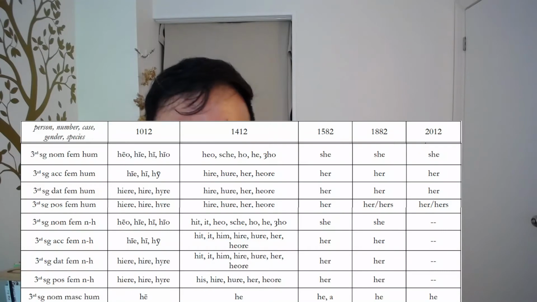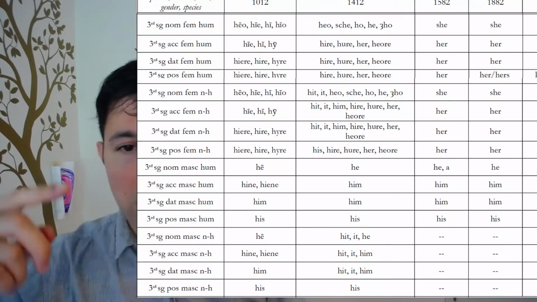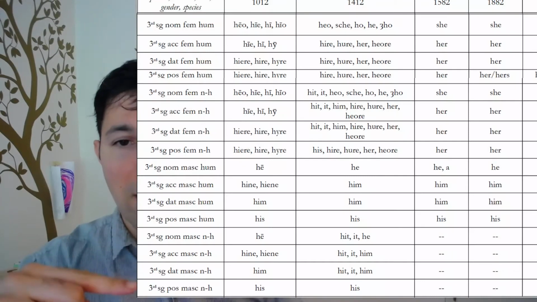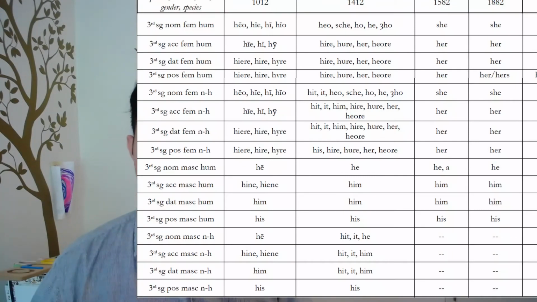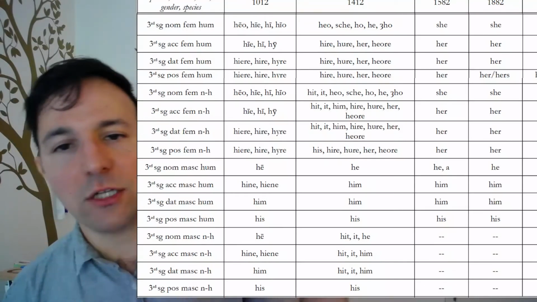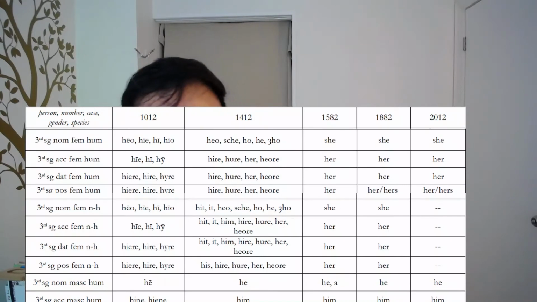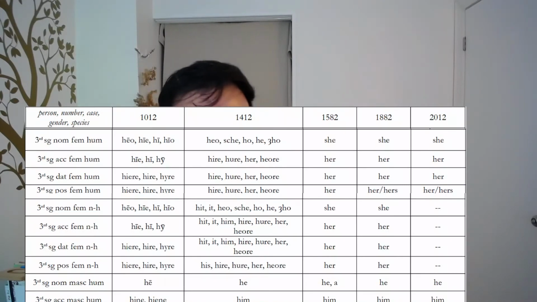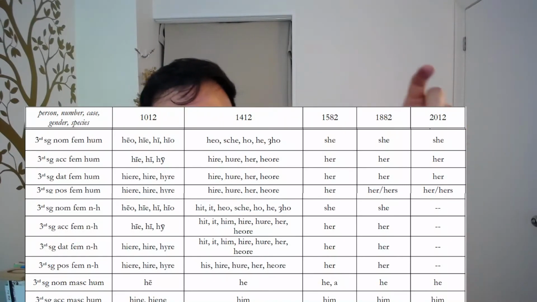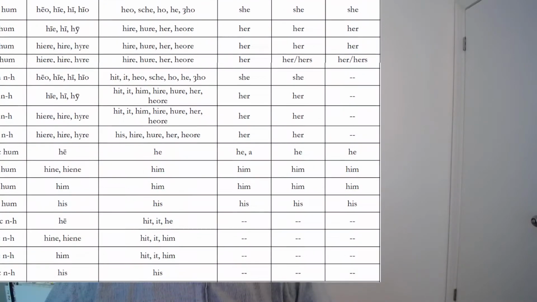They're feminine non-human pronouns, and they're the same. And you see here the same thing with masculine. If you're referring to a masculine object, it's the same, right? Masculine, non-human. This is what we call grammatical rather than natural gender. It's not in the nature of the thing, it's just the grammatical category. And that remains in place, actually, for a long time. As late as the 19th century, you could refer to a country or a ship as she or her, and you wouldn't be just being sort of poetic.